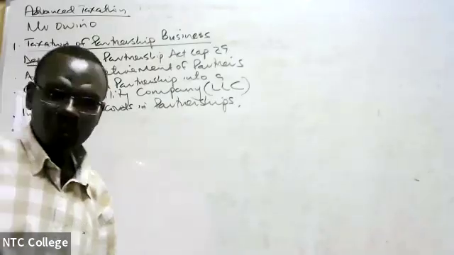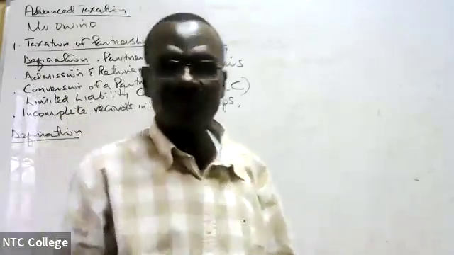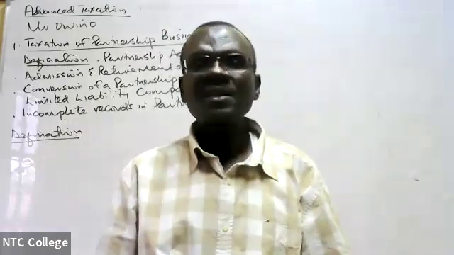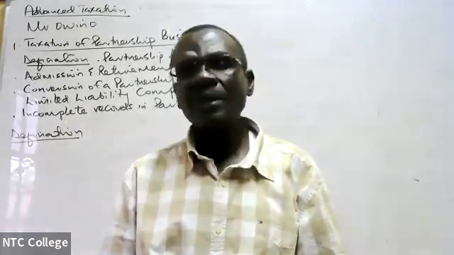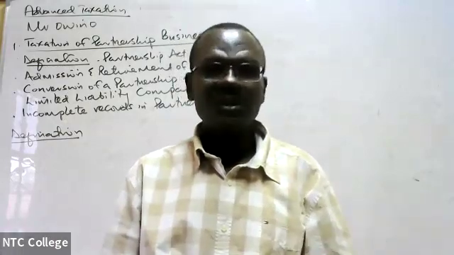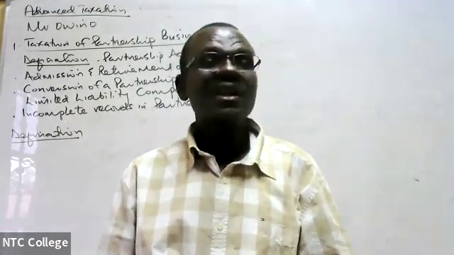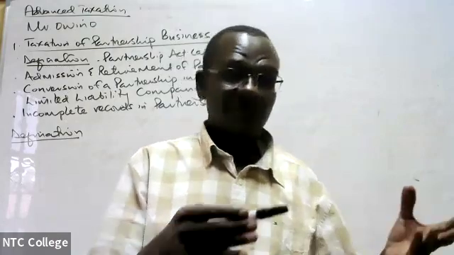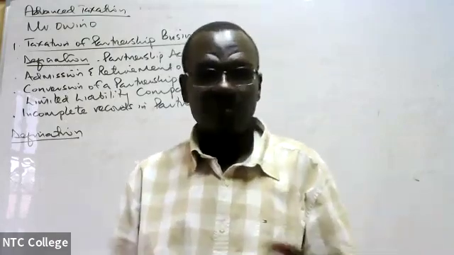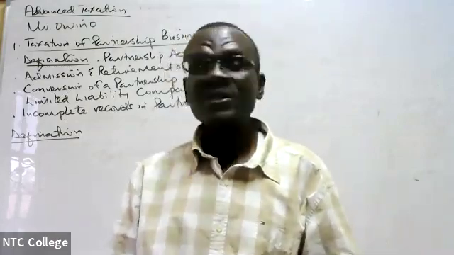Before I give you a formal definition, this one comes from the Partnership Act, Cap 29, Laws of Kenya. The definition is very important. Why is it important? It will tell us what a partnership is and what it is not.